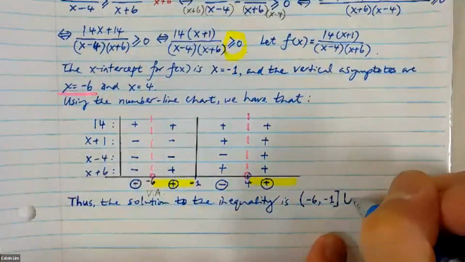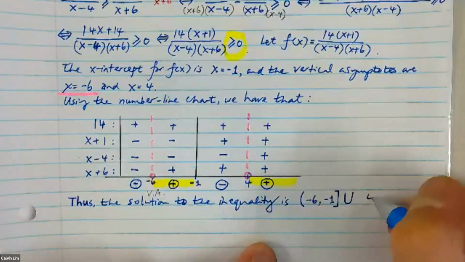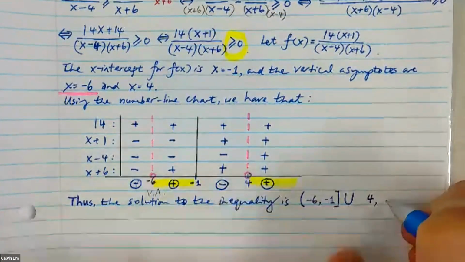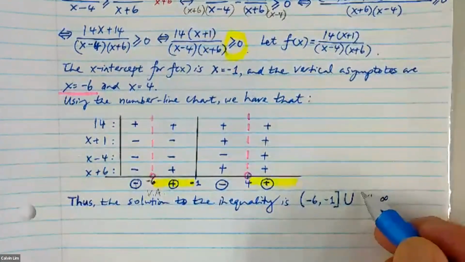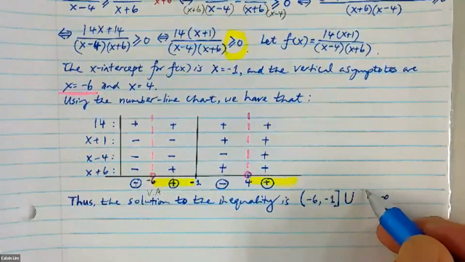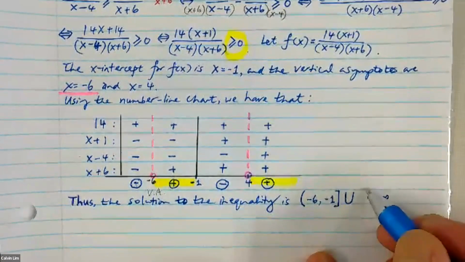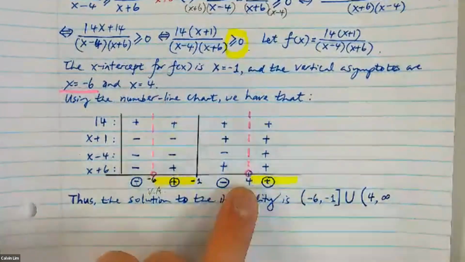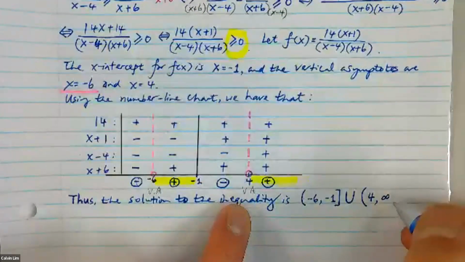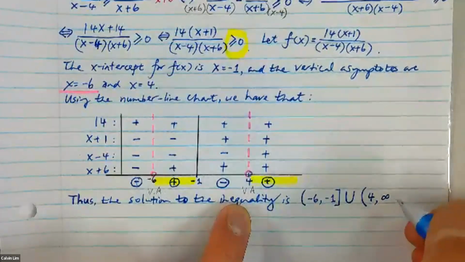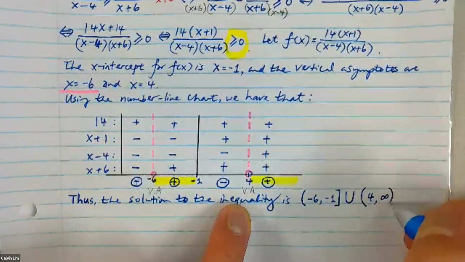Don't forget the union notation. Now in this region, we have 4 going to infinity. Do we use a square bracket or a curved bracket? Curved, so it's open, because this is also a VA. And infinity is always open.